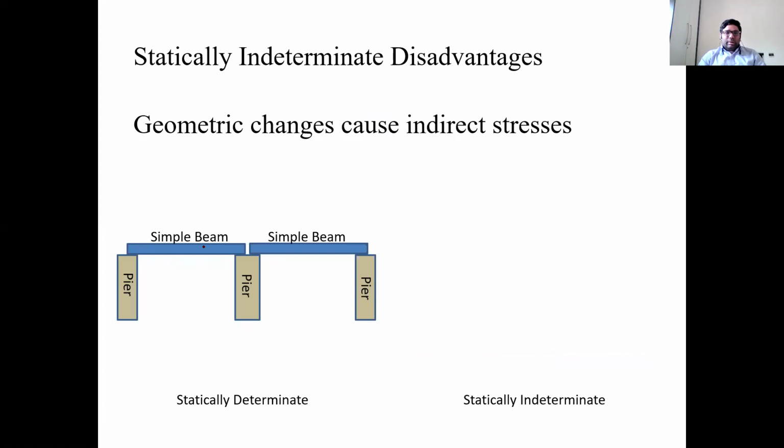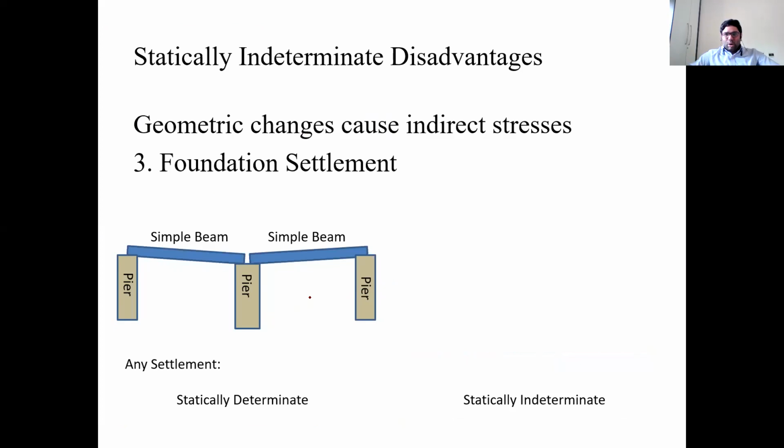Another example is you take a bridge. This is an example of a bridge structure. You have two simple beams resting on three piers or columns. Now, when it is subjected to load at the bottom, that is the foundation, if the ground is settling, then you see what is happening.